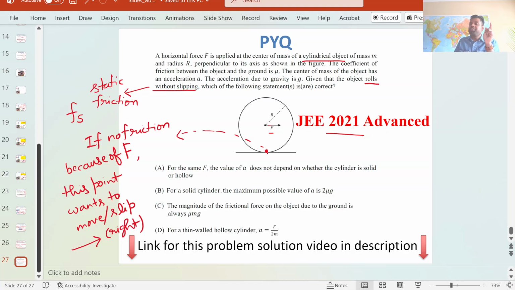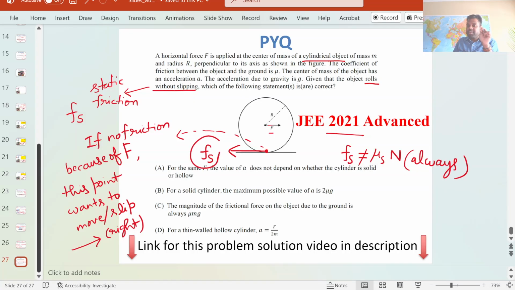So the friction will try to stop that, and the friction will be like this, Fs. Remember that Fs is not equal to mu s into n always. So just write Fs. Again, the link for this problem's solution is also in my description.